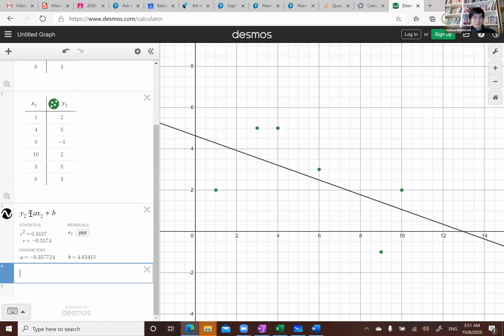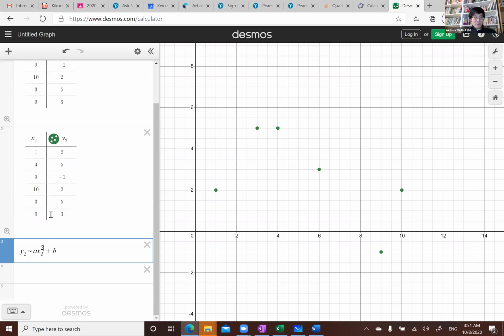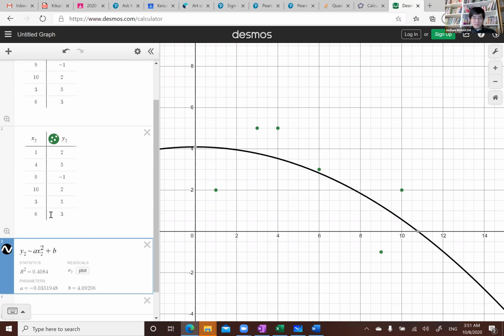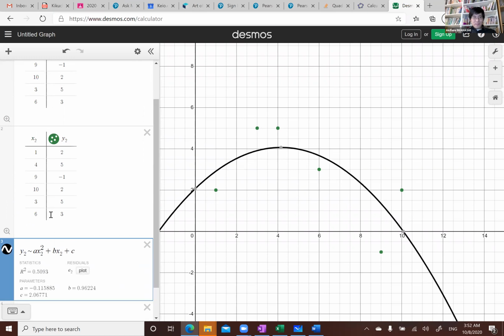The model is y2 and x2 approximated by the line. If you want to find the best quadratic curve, you just change to a quadratic function like this, with x2 squared plus c, and you get this.